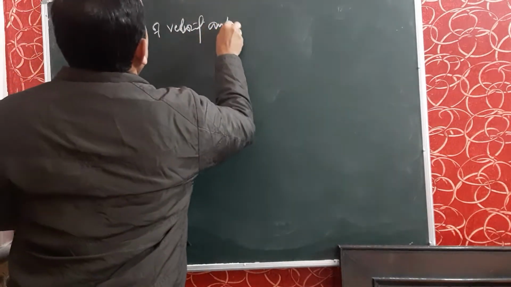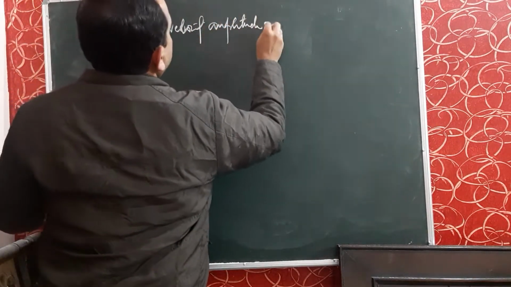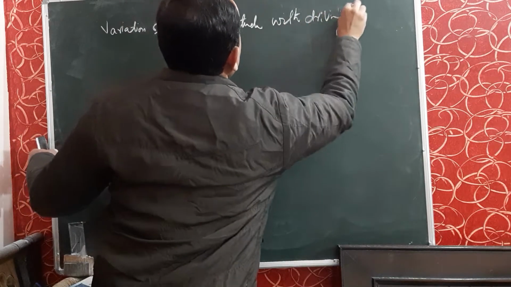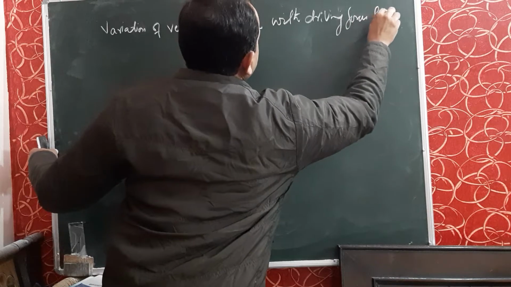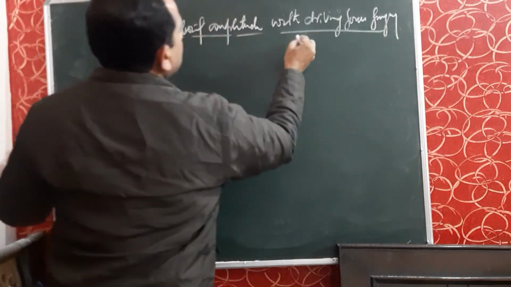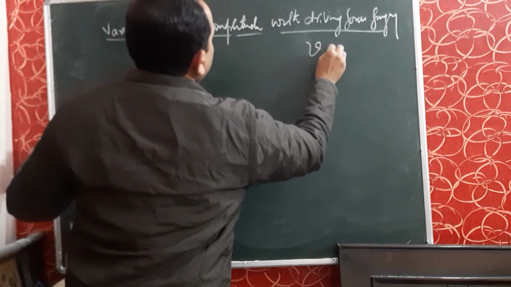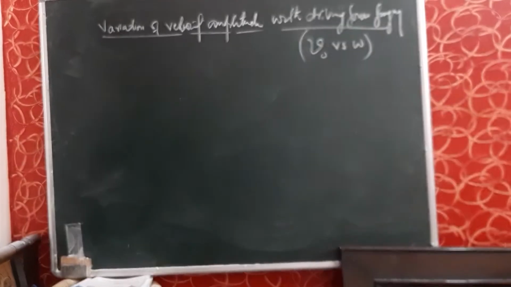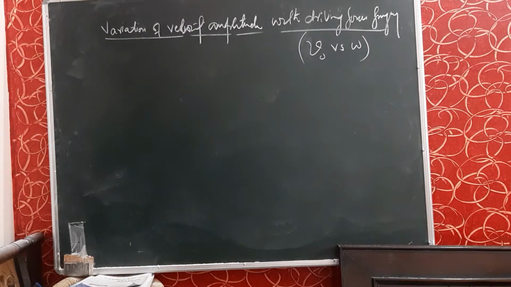In short, it is the V naught versus omega graph. V naught means the maximum value of velocity, which is also called velocity amplitude, and omega is the driving force frequency.